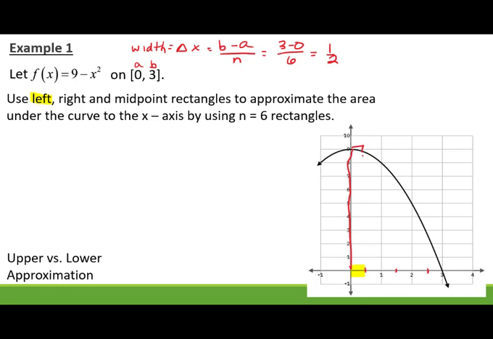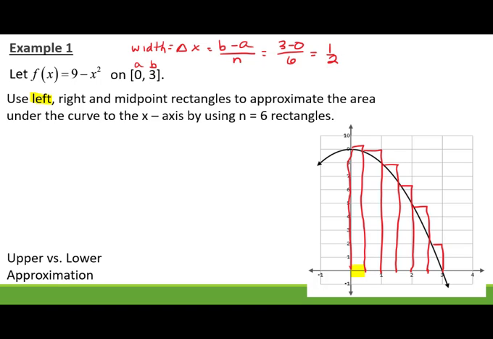Then the left point of my next interval, draw my rectangle, and I continue going along and drawing my rectangles. We're going to find the area of each one of these rectangles, add them up, and say that that's the approximate area under our curve.